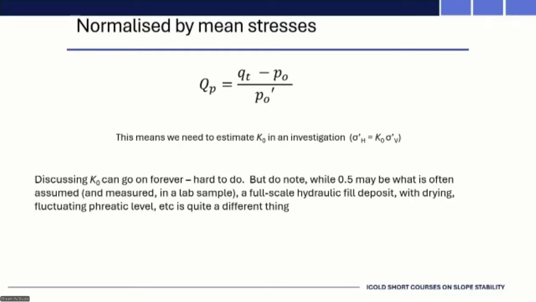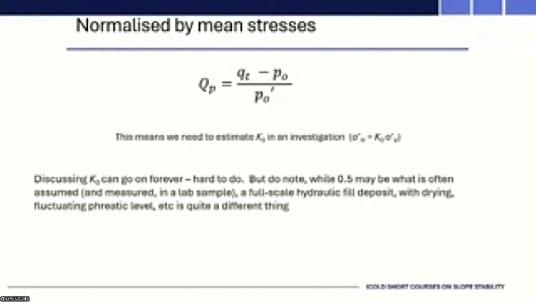But 0.5 seems to be a number that is often certainly measured in laboratory samples, but we have such changing and variable conditions in the field with drying, etc., that it may deviate slightly from that. The value of 0.7 seems to be advocated by some of the numerical modelers, but again, we don't know for sure. So in the absence of more definitive knowledge, I guess using the vertical stress is still the way to go.